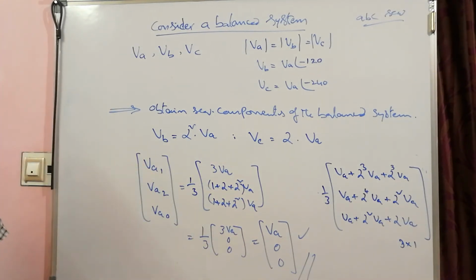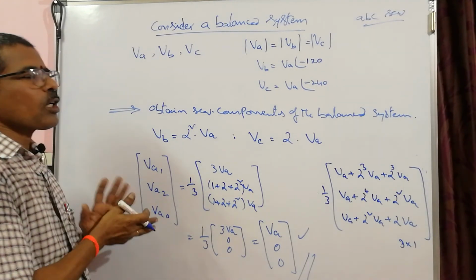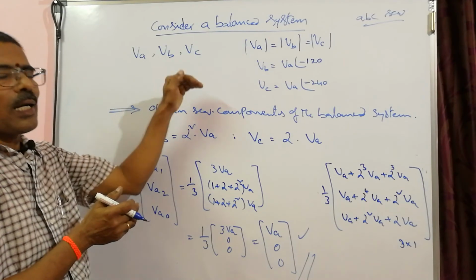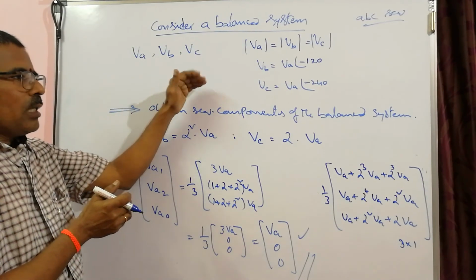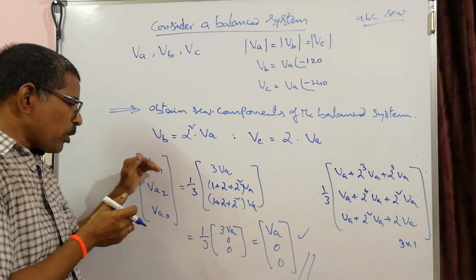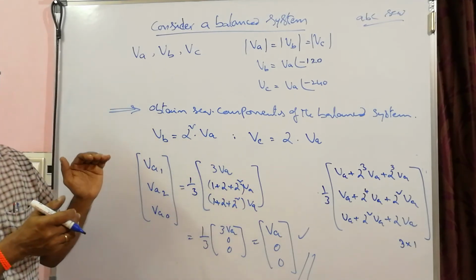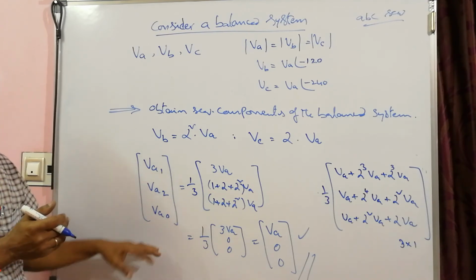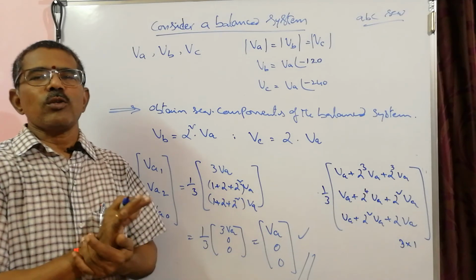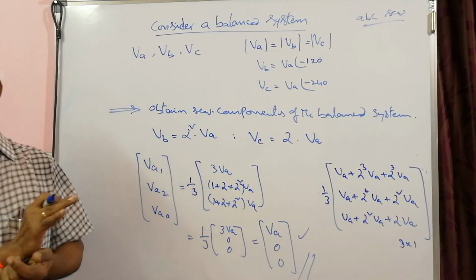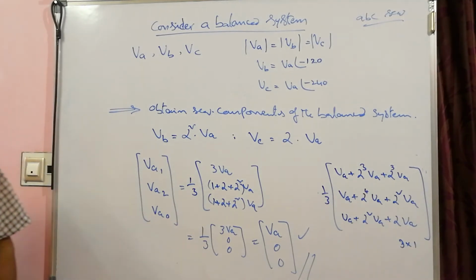So, that is the final conclusion. For a balanced system of voltages or currents, the positive sequence component alone exists. Negative sequence and zero sequence components do not exist, or they are going to be zeros. That is for balanced phasors. Please note down that statement.